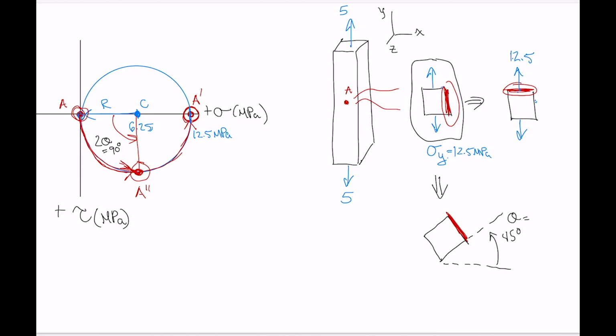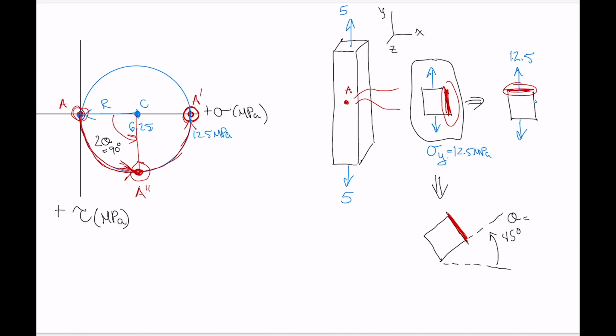Now, the reason that a 90-degree rotation on the circle corresponds to a 45-degree rotation of the element's orientation is that any rotation on the circle is always twice the value of the rotation of the actual element.